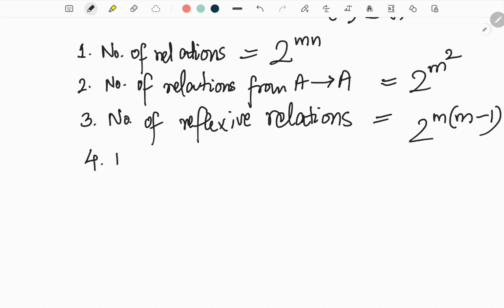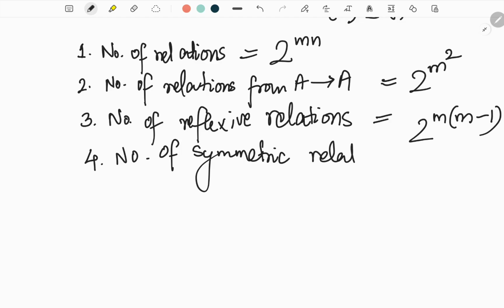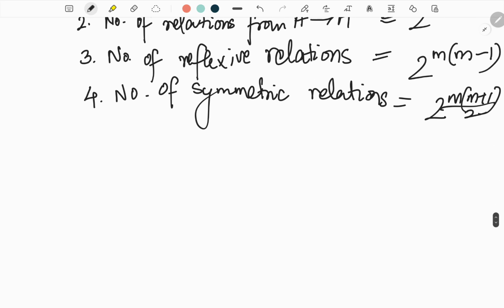And the number of symmetric relations will be 2 raised to M into M plus 1 by 2. 2 raised to M into M plus 1 by 2.